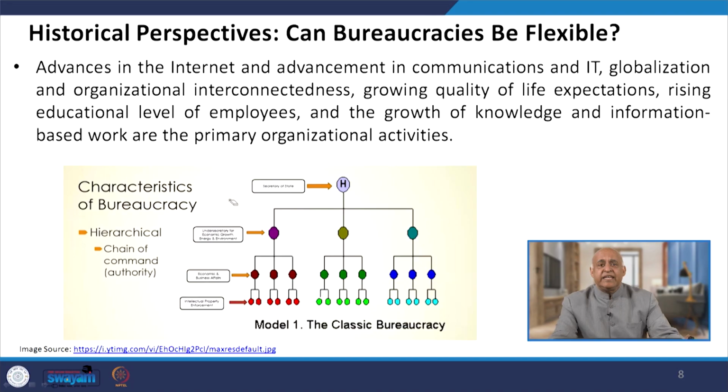Now, advances in the internet, advancement in communications and IT, globalization and organizational interconnectedness, growing quality of life expectations, rising educational levels of employees, and the growth of knowledge and information-based work as the primary organizational activities. So, dear friends, these are the challenges. On one side communication and ICT applications, globalization's interconnectedness and global quality expectations are increasing.